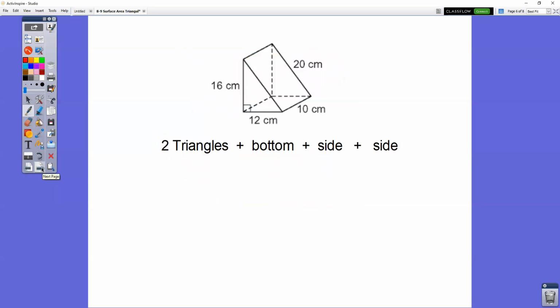One last one. Try this one on your own, please.